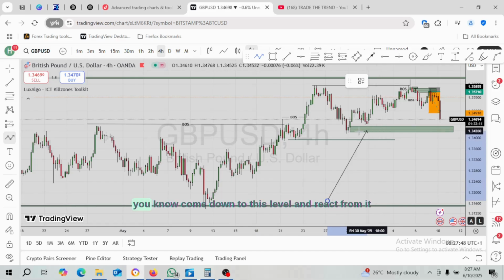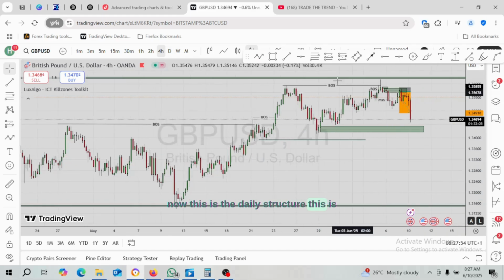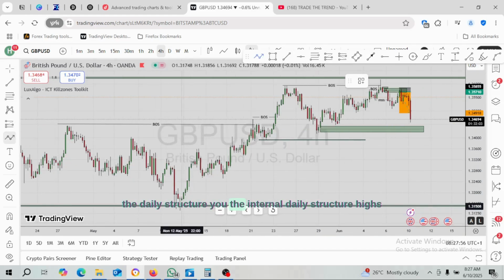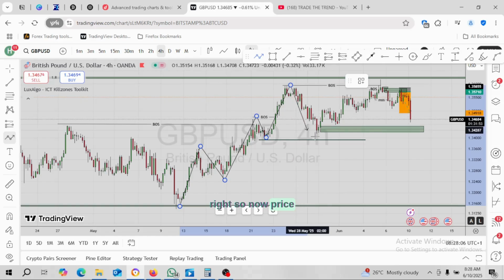So we want price to come down to this level and react from it. This is the daily structure, the internal daily structure: highs, lows. We had this high, we had this low, and we had this high. So now price came down to this point and reacted from it.